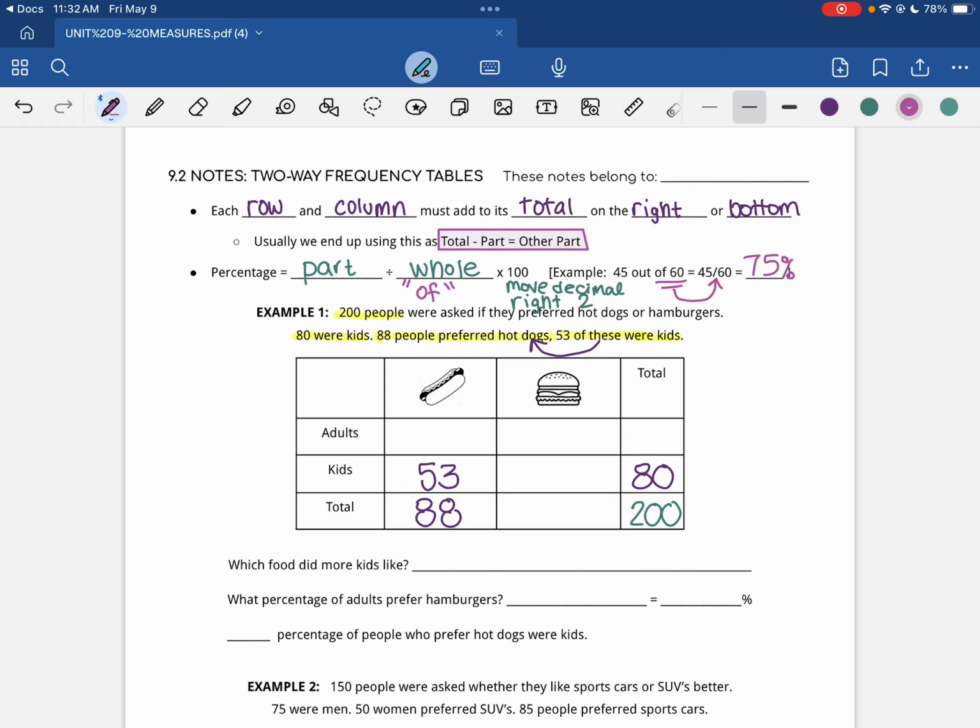The reason why I said subtraction happens more often is because, for example, if I look right here, I have the total in one part, so I would have to do 200 minus 80, which is 120, to get that number. And I'm going to keep looking around the table for any spot that I have 2 out of the 3 numbers. For example, I can't try going down, or I can't try going right here, because I only know one number in each row or column.